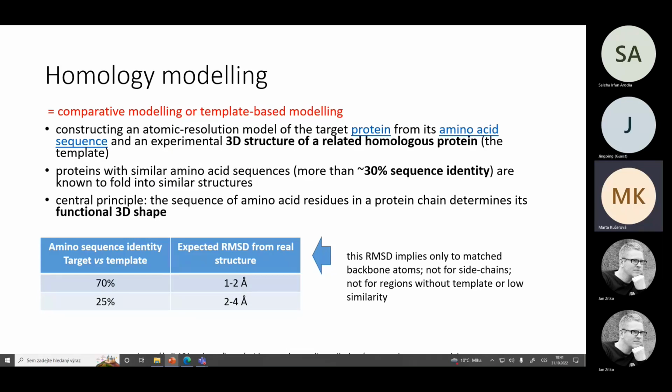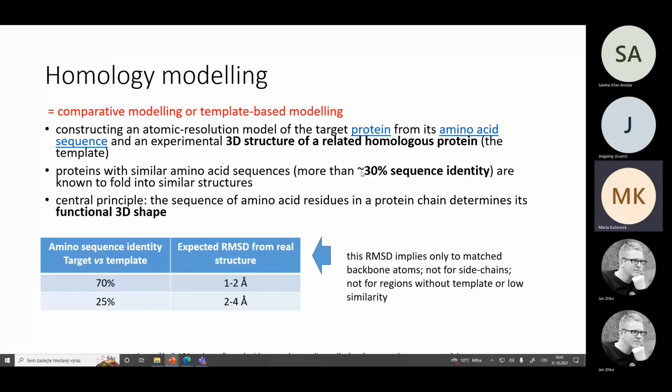In case we know the amino acid sequence of a protein, but we do not know the 3D structure and we want to know it, we can find a related homologous protein where the 3D structure is known. And based on the comparison, we can predict the 3D structure of the unknown protein.